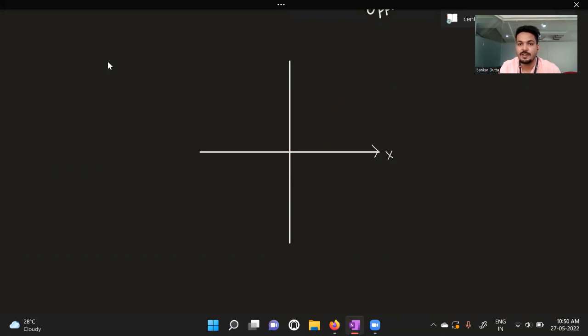So if I want to find out the angle of a line which is in the fourth quadrant, we know what the quadrants are like. So if this is X and Y, this is the first quadrant, this is the second quadrant, this is the third quadrant, and this is the fourth quadrant, right? So if I am trying to find out an angle in the fourth quadrant, the general way to do this is like this, finding out this particular angle.